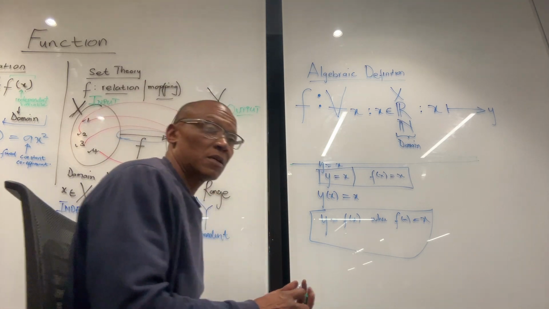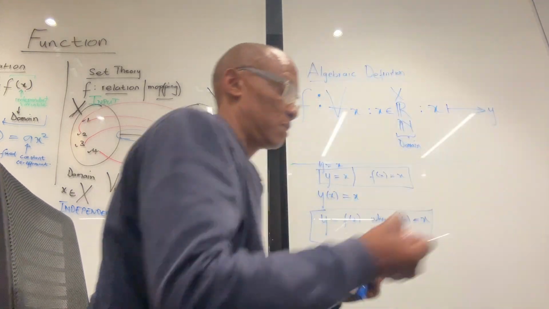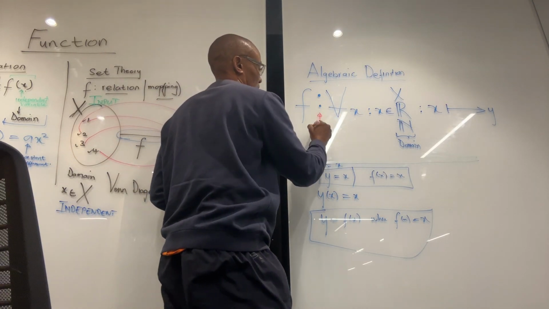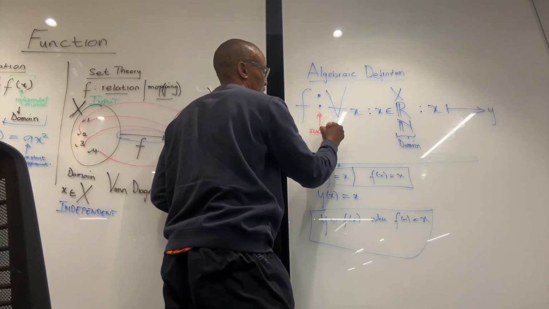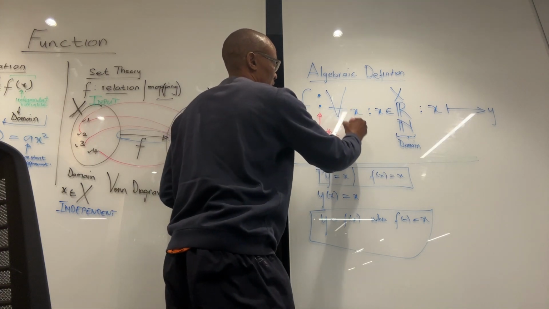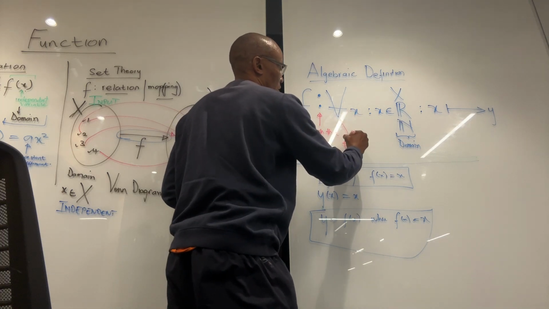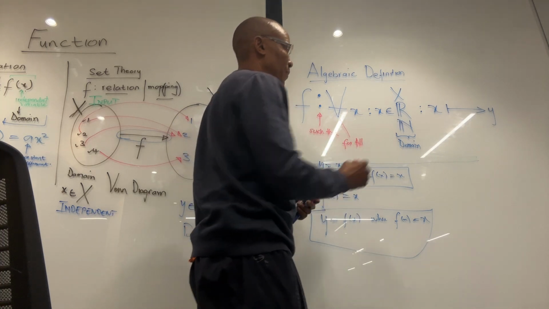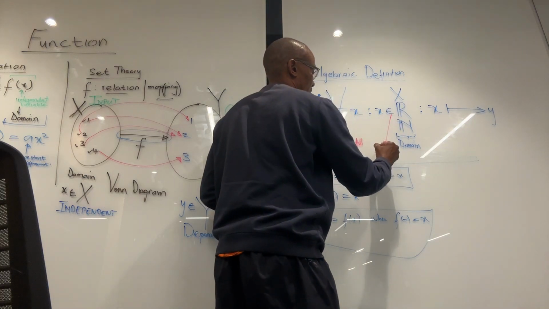Like for instance, let me label them in red. This is the symbol for "such that." This is "for all." This means element.